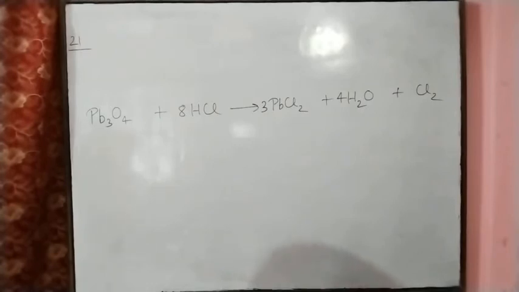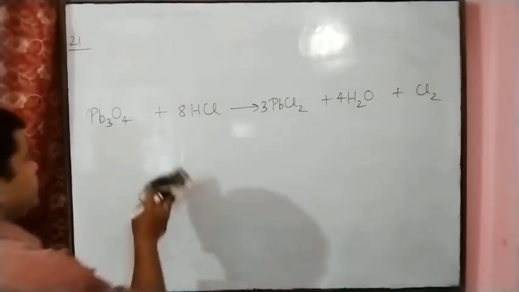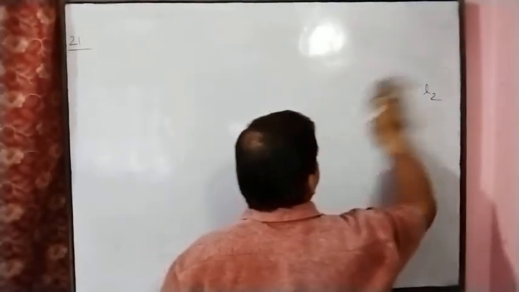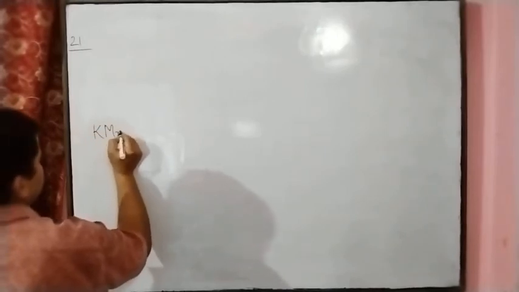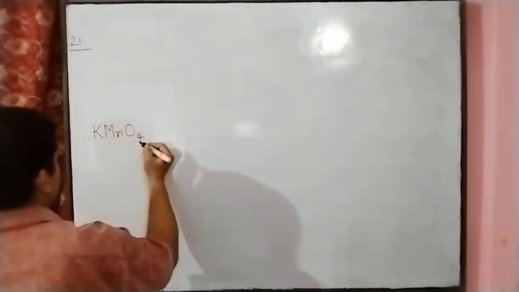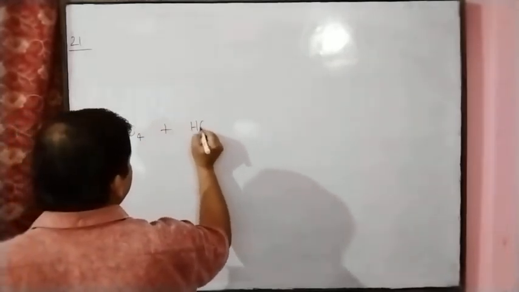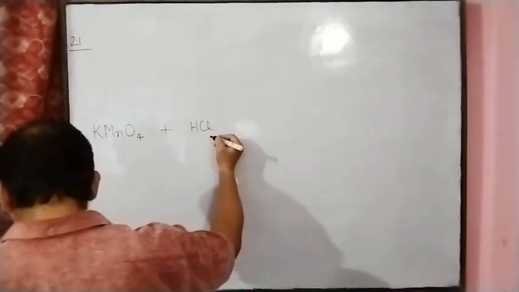Next example, part number 23. So here KMnO4, potassium permanganate. Potassium permanganate reacts with hydrochloric acid.